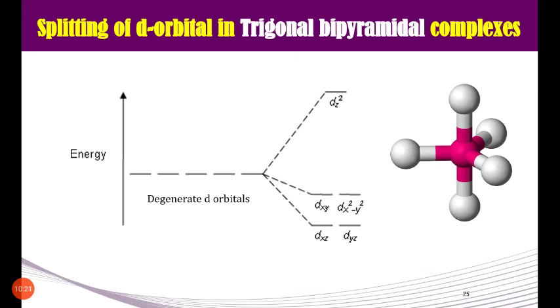Therefore they will experience less repulsion, and their energy will be decreased. This is a very simple splitting of d orbital for the trigonal bipyramidal complex or field.